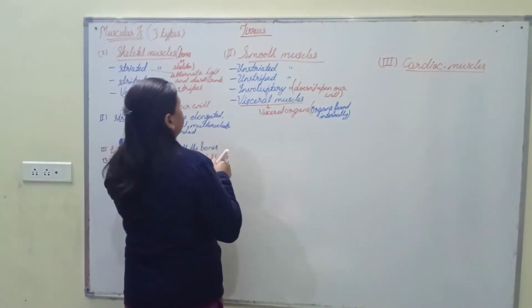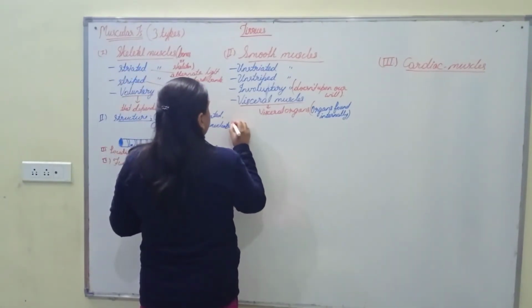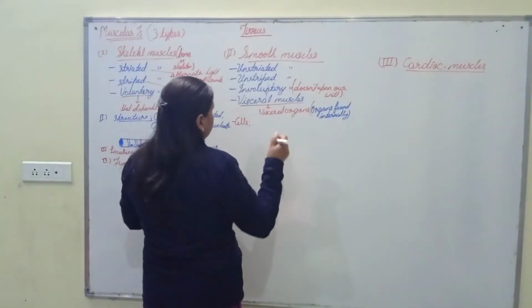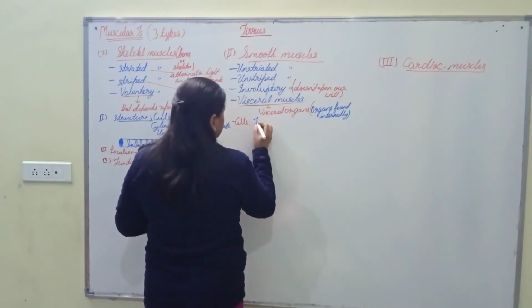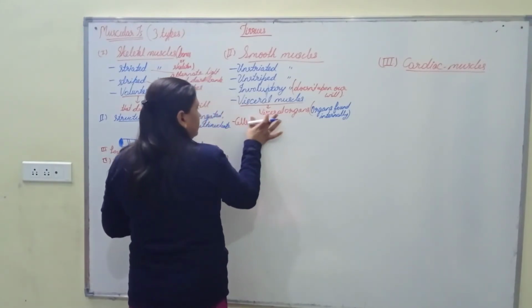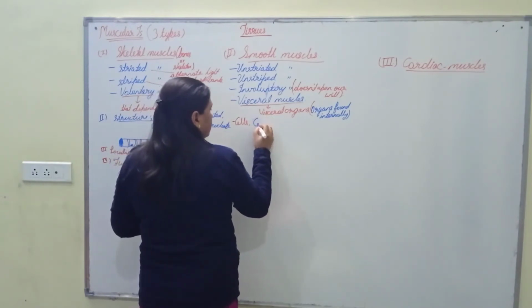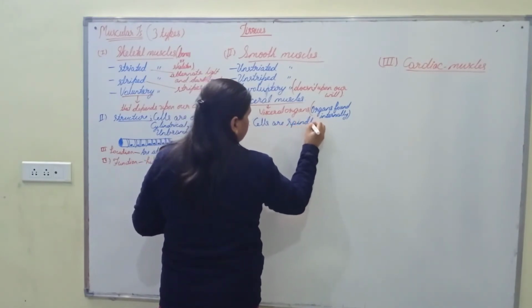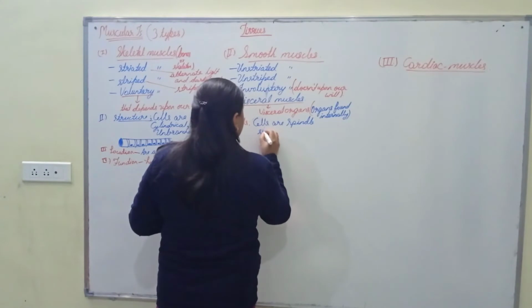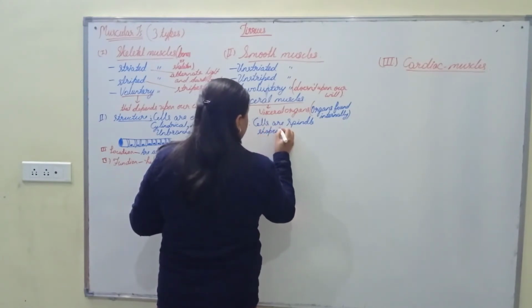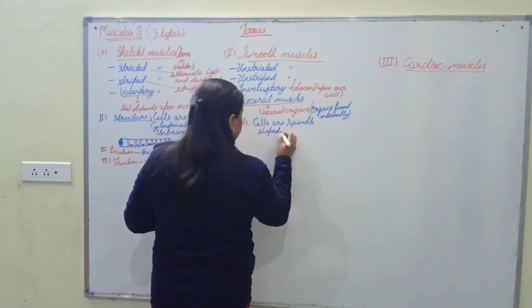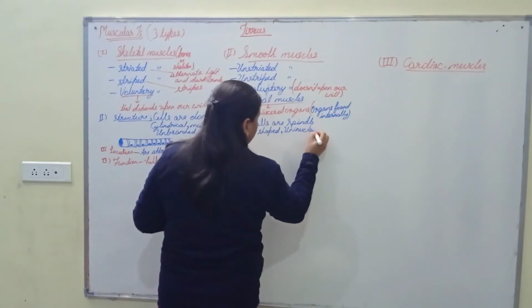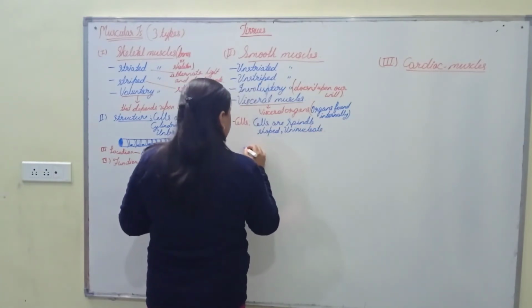Now the cells. If we talk about the cells of smooth muscles, cells are tapering, cells are spindle shaped. Spindle shaped means the ends are tapering. They are uninucleate.